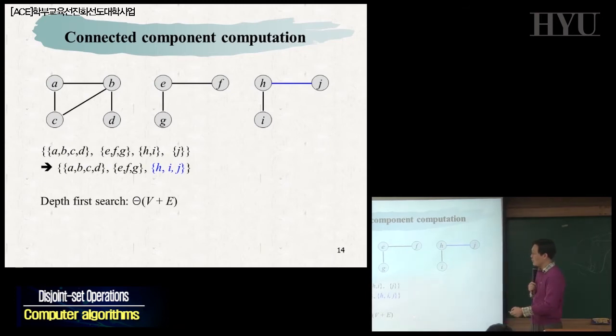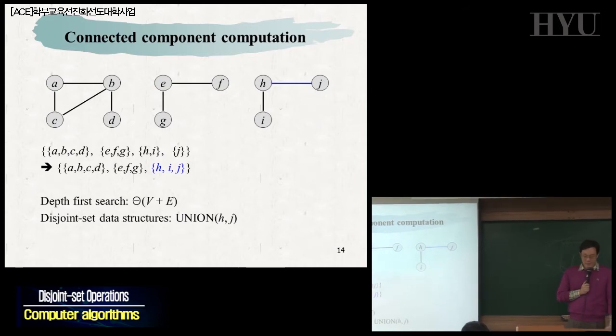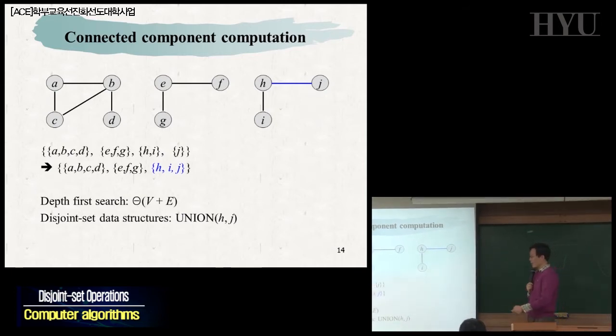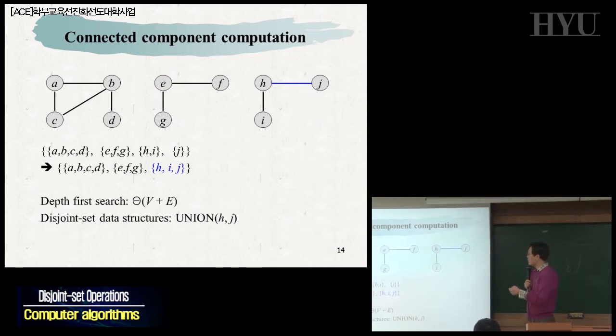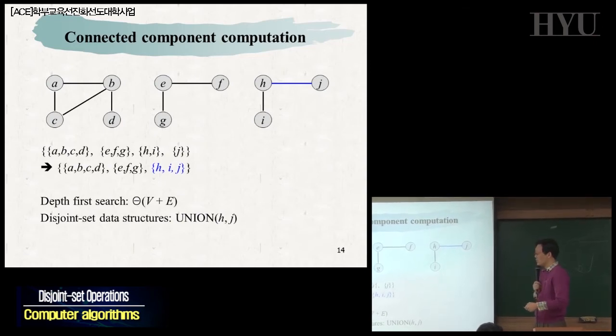But if we use the DFS from scratch, then the running time becomes theta of V plus E. So this is why we have to develop a data structure for disjoint sets. If we use the union operation, just union H and J is enough to find the new connected components.